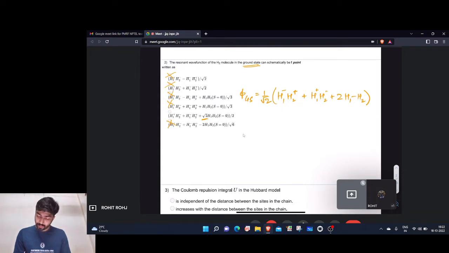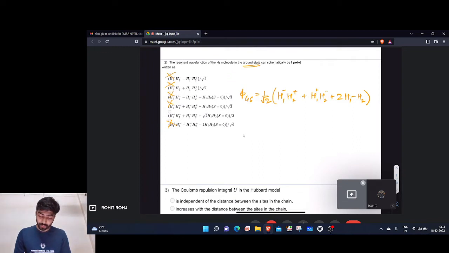Actually, it is multiplied and divided by root 2, I mean, somehow it is multiplied with 1 by root 2. If that is the case, then this should have been 1 by root 2, 1 by root 2, but nonetheless it might be a typo here, I'm guessing.